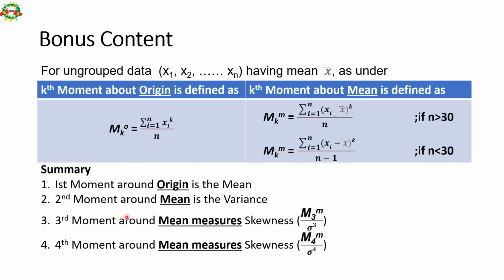And if the examiner asks for the second moment around the mean, that is variance, so calculate the variance of the data. Indirectly, the examiner may ask you to calculate the second moment around the mean, meaning the variance. If asked for the third moment around the mean, it is skewness, this one. And fourth, this one. Remember these four formulas, it will be easier for you.